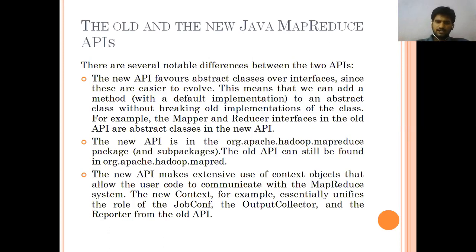Also the OutputCollector and the Reporter. Again, we will discuss these: what the Reporter is and what the OutputCollector does. How we are going to combine that, how we are going to find the maximum value, and how that particular code will run with the new APIs.